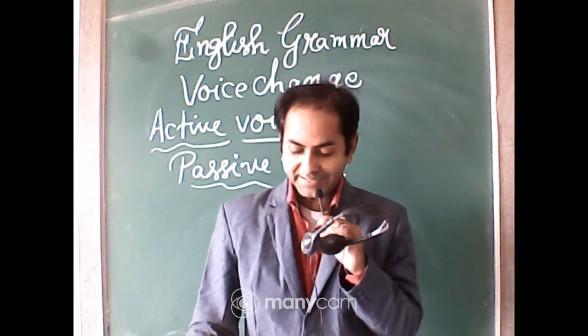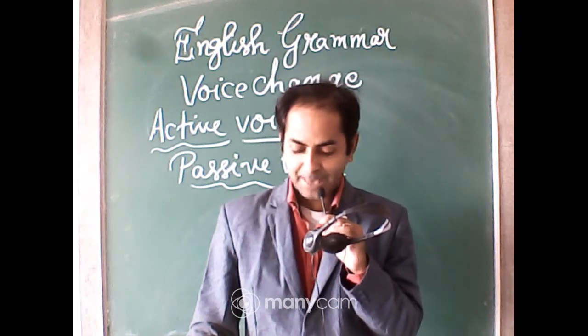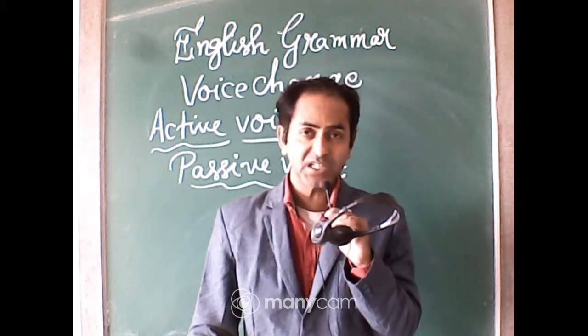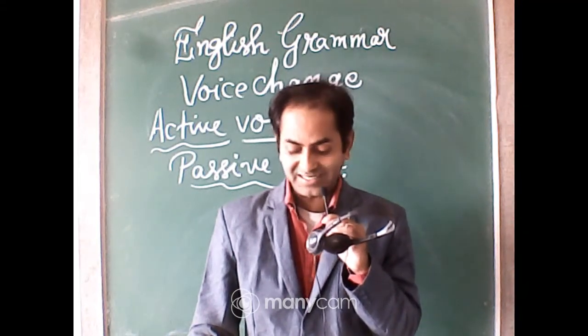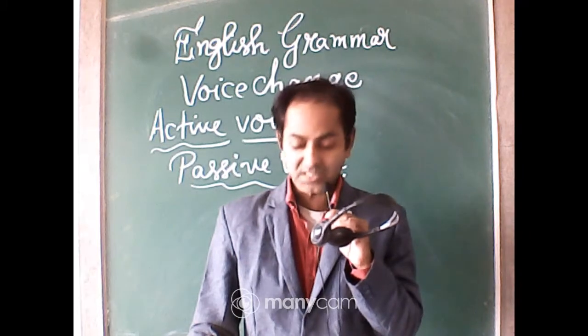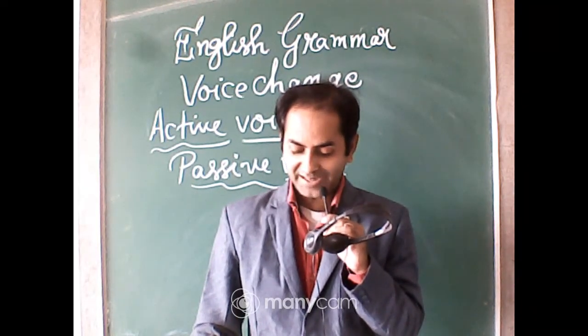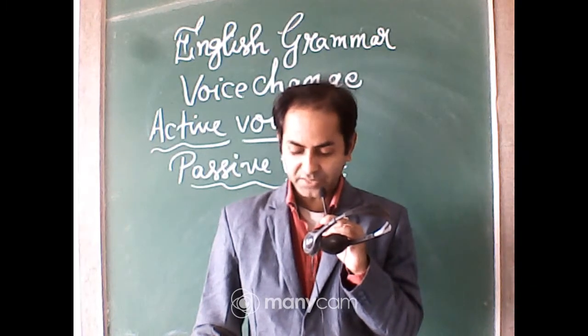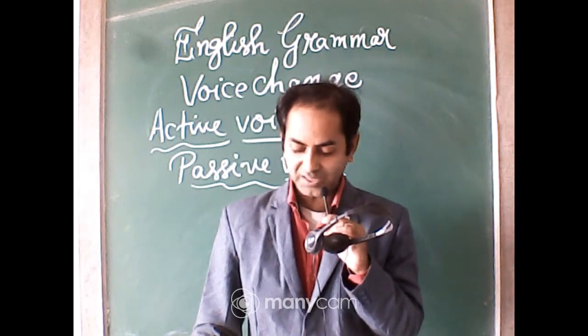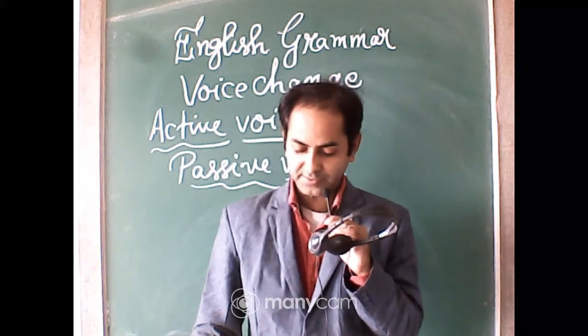So, Mohan eats an apple, active voice. An apple is eaten by Mohan. Here also you can find that an apple is singular. That's why we are using is, and eaten, the past participle form of eats. In the above examples, writes changes to is written, eats changes to is eaten in the passive voice.